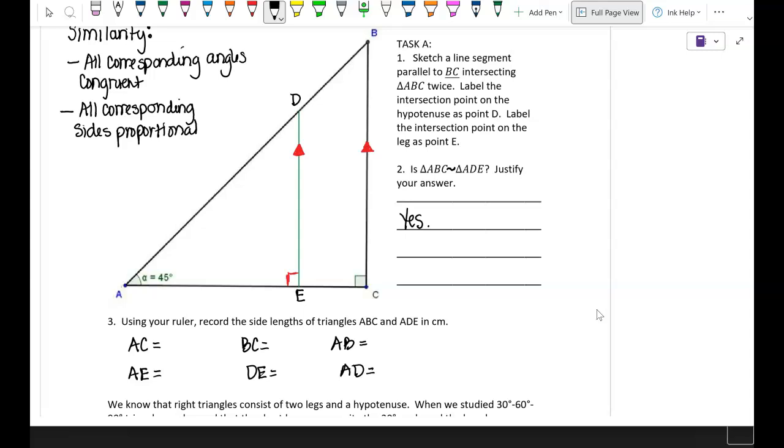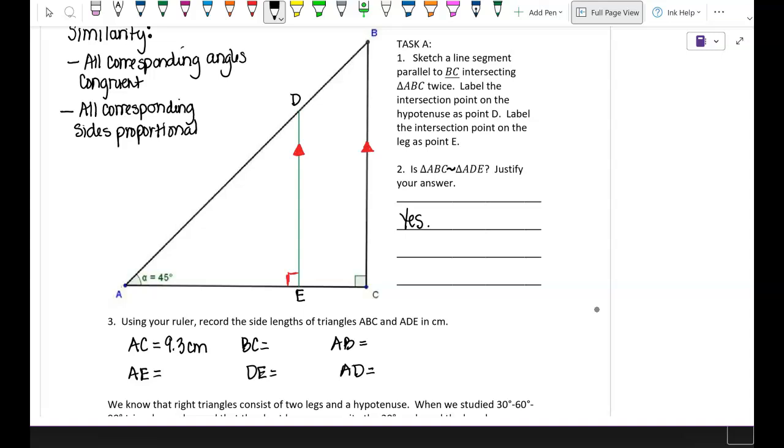So what did we get for AC? How long in centimeters did we say that segment AC was? 9.3. So again, could be a little off there. A 9.2. Some, if you're in that ballpark, you're okay.